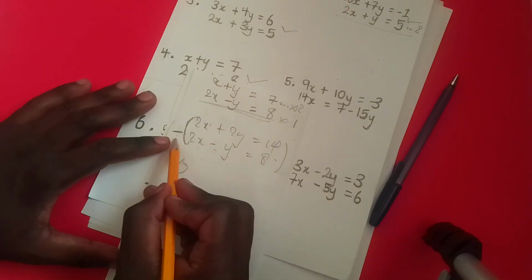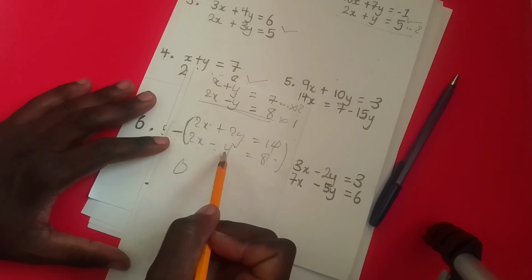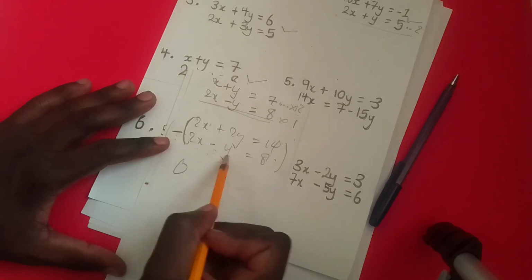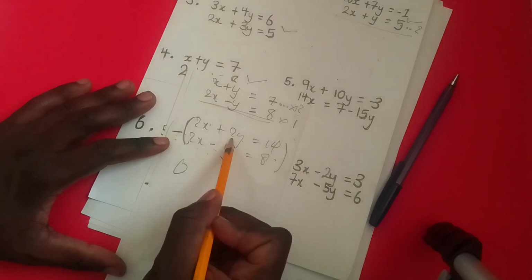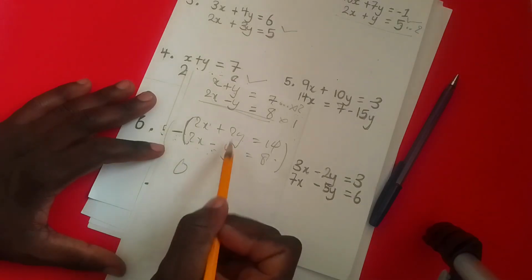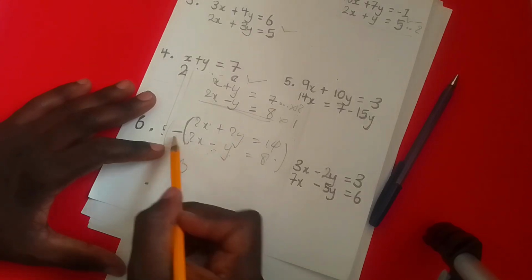Negative times the negative is equal to a positive, leading to 2y plus y, because it's 2y minus a negative y.